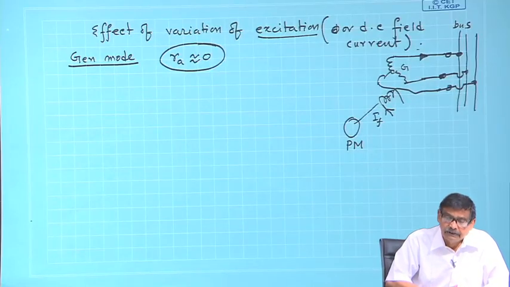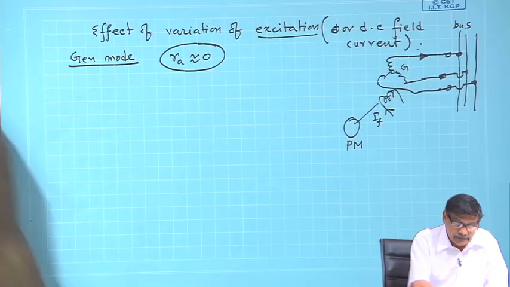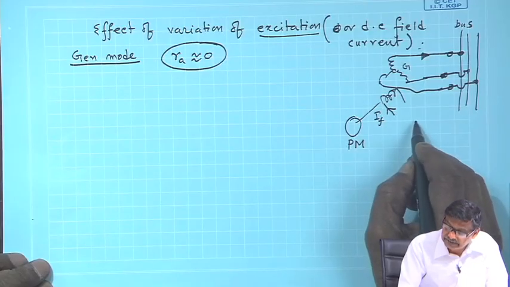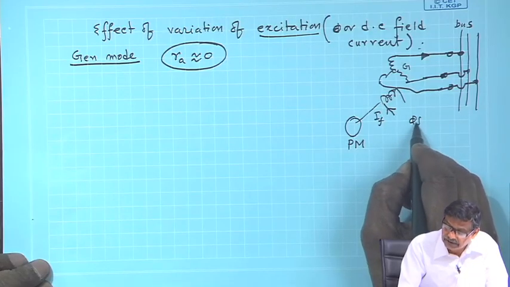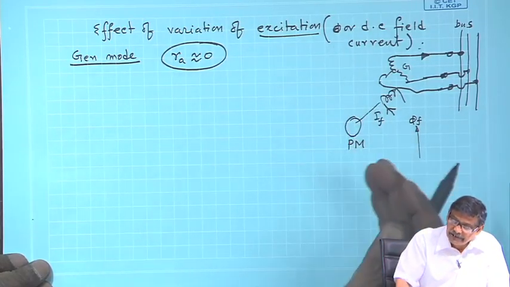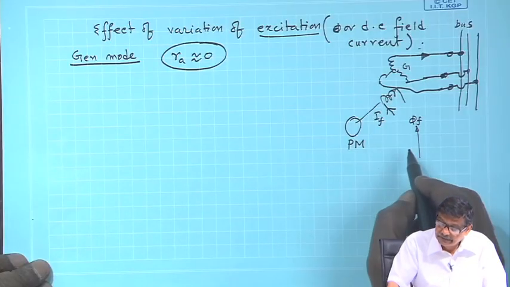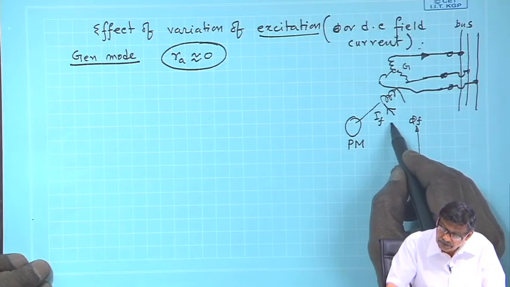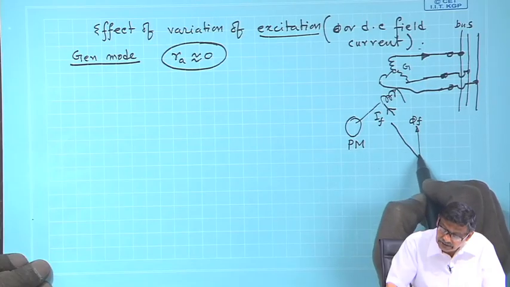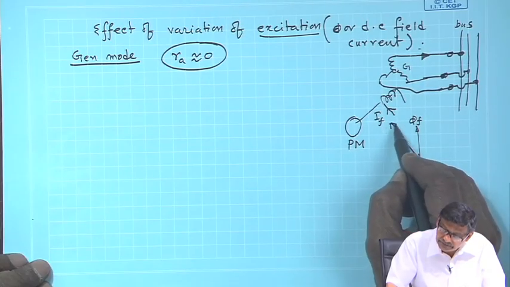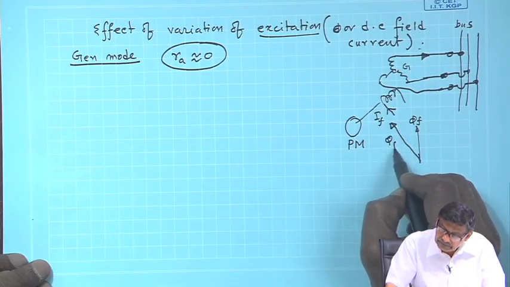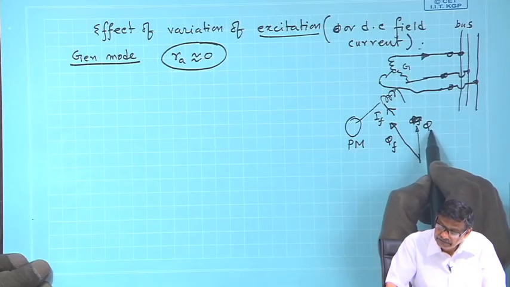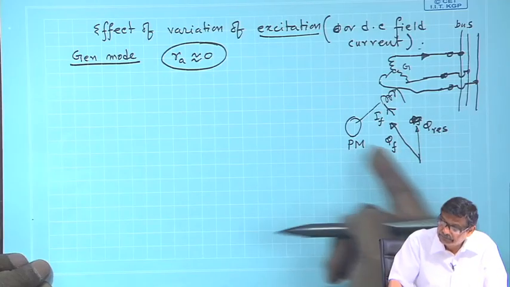The rotor field should be in advance of the resultant field. So, if this is the rotor field, Bf or phi f, in case of generator mode of operation, your rotor field phi f will be ahead of phi resultant, that we have seen.